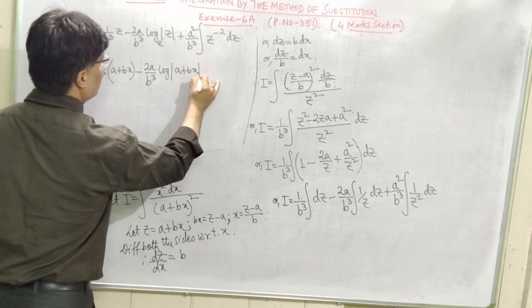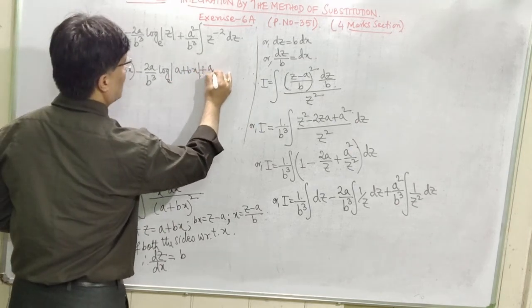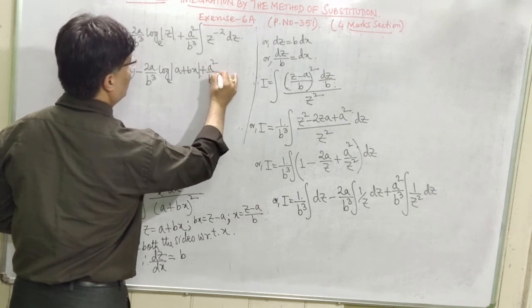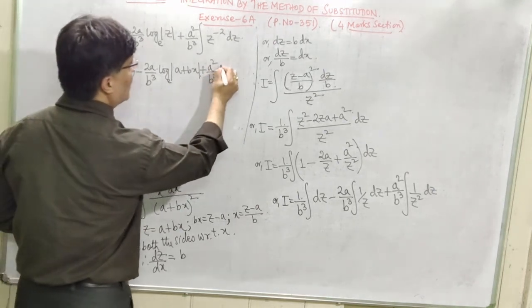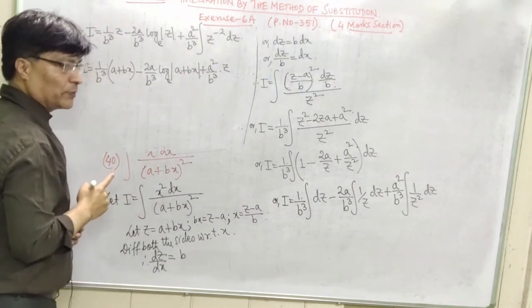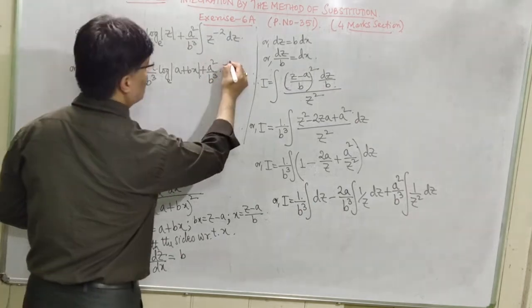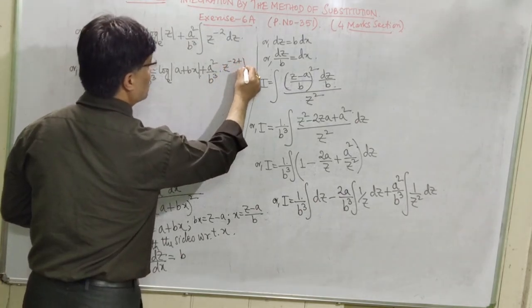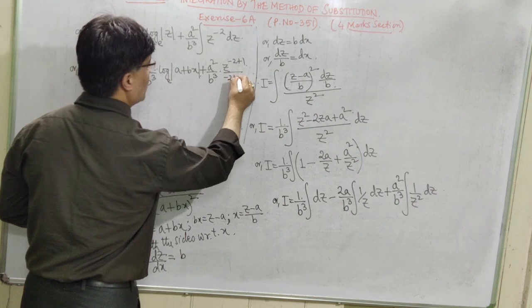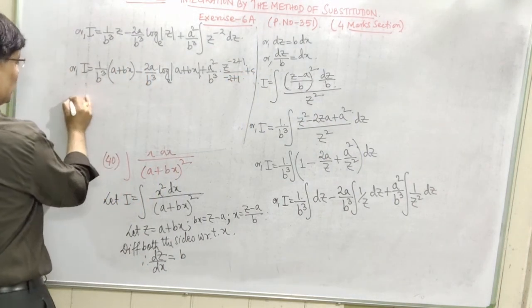It is a plus bx, the base is e, plus a square by b cube into, what is integration of z to the power minus 2? It is z to the power n plus 1 divided by n plus 1. If you write n plus 1 here, it will be minus 2 plus 1, isn't it? This is z to the power minus 2 plus 1 divided by minus 2 plus 1. Then what do you write here? C.